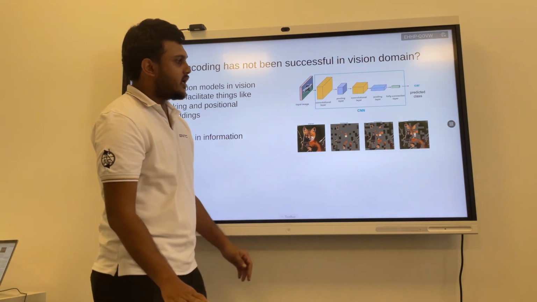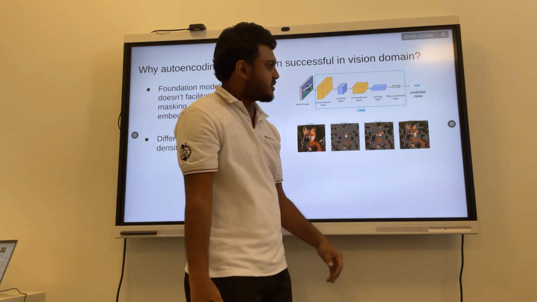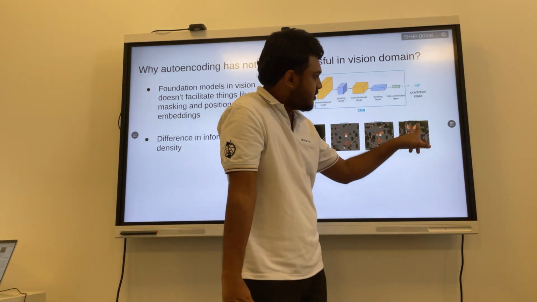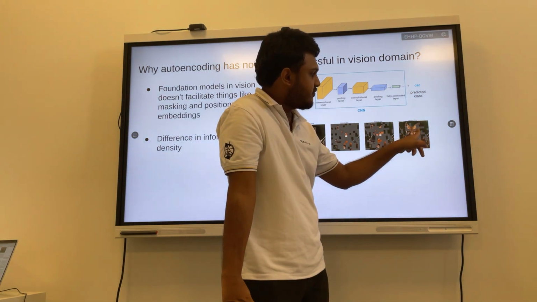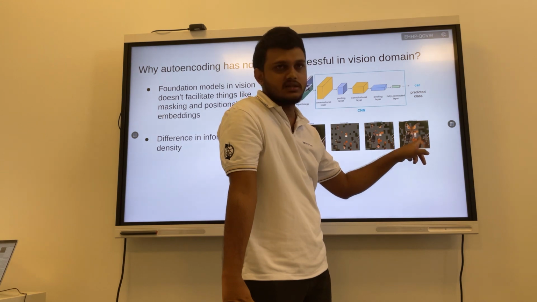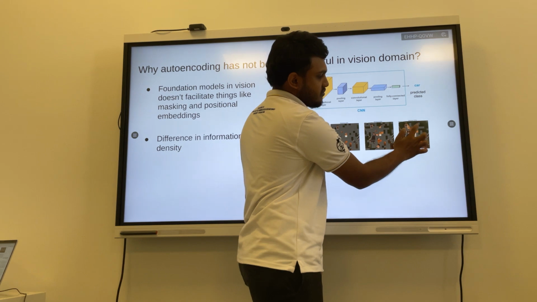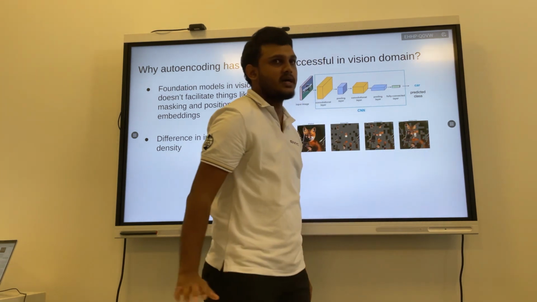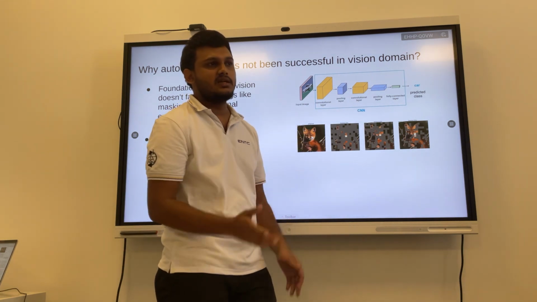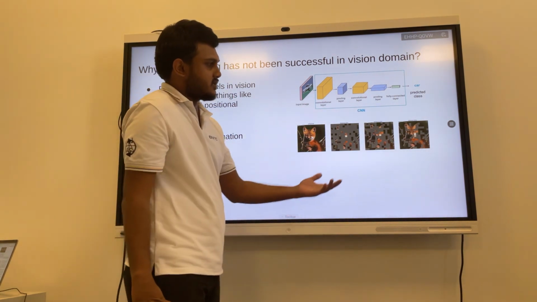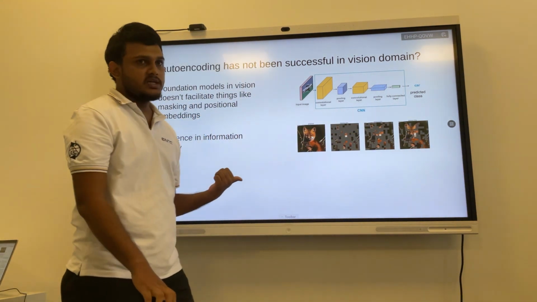But when we come to images, let's say here I have masked 25%, but still, in order to complete or reconstruct this image, we can do a simple interpolation, right? We can see the ear is there and this part is there, so this part I can simply predict by interpolation, or just by looking at neighboring patches and interpolating, we can reconstruct it. The reason for that is the difference in information density.